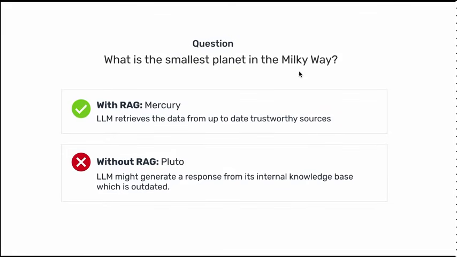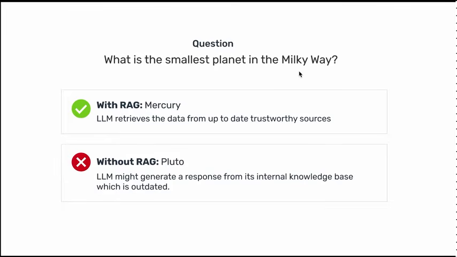As an example, if you were to ask it a question like, what is the smallest planet in the Milky Way? With RAG, it can retrieve the data from the most up-to-date trustworthy sources, from the internet, from anywhere that it's been provided, and it can answer, oh, okay, Mercury is the smallest planet.